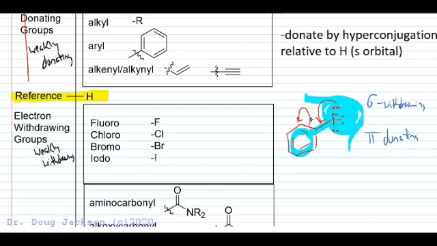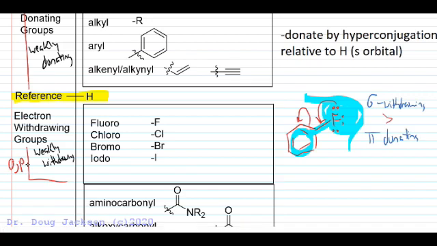In fact, it's less overall than a normal benzene because the sigma system is withdrawing. So that sigma withdrawal has a greater effect than the pi donation. Ultimately, though, pi donation will still cause ortho-para direction when we react with these, but they do react slower than benzene itself.